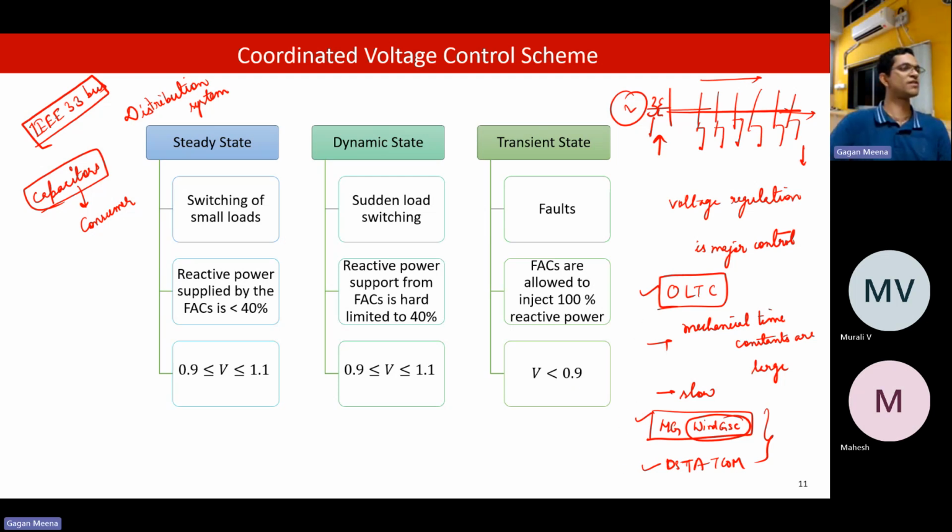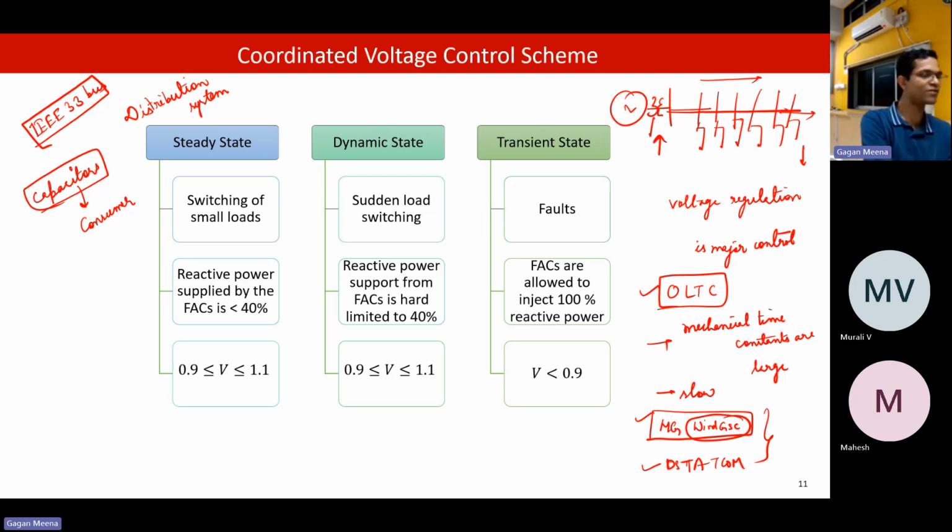The OLTC will not be used properly if they act before, because the OLTC is slow. Till the OLTC does something, these fast acting devices will do their work, and they will not be able to improve the voltage to the optimum level because the OLTC has not been able to do its work.